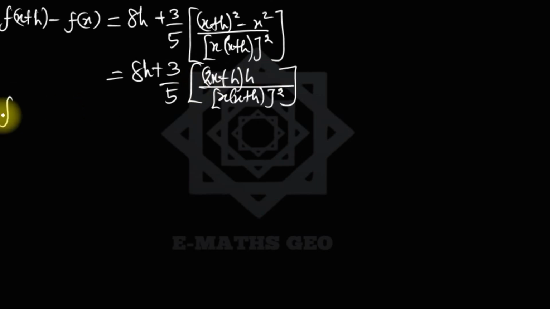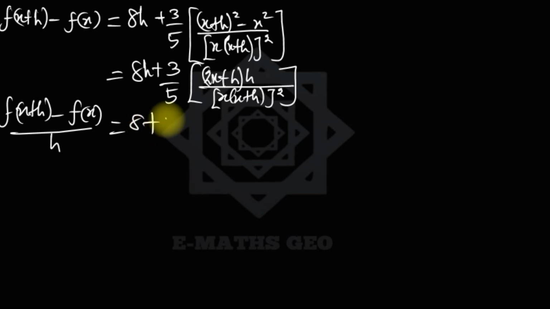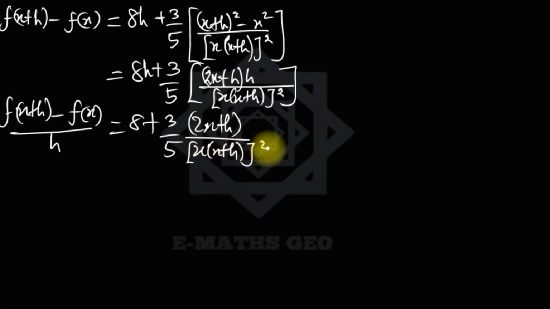The next step is to divide by h. We'll divide both sides by h. As you can see, there is h here and there is h, so we are left with 8 plus 3 over 5 times 2x plus h over x times x plus h all squared.